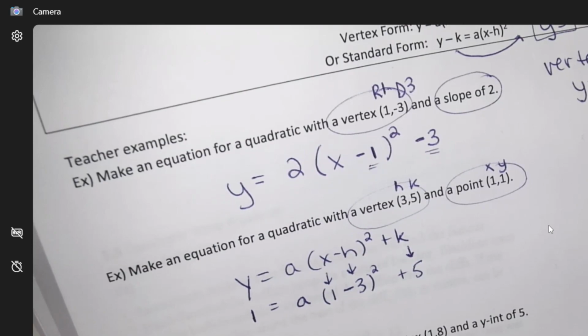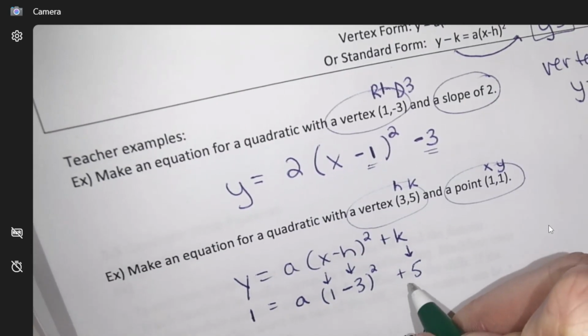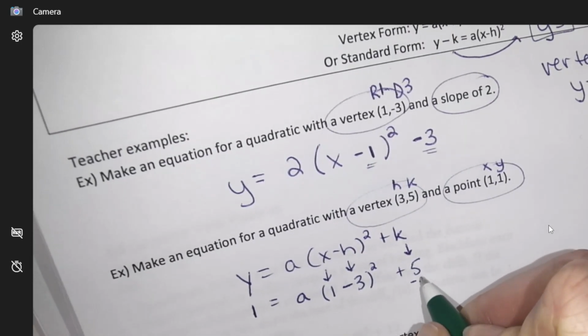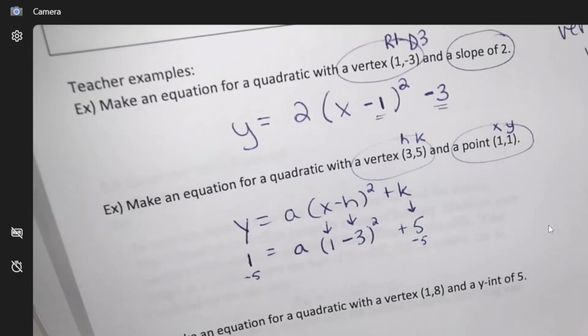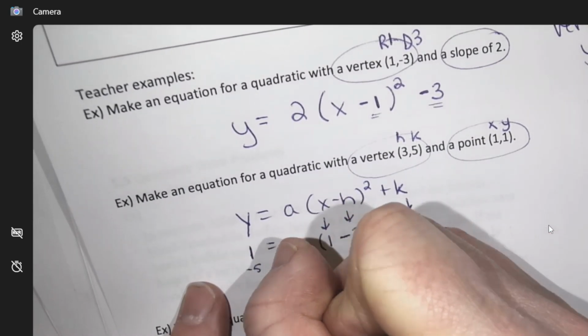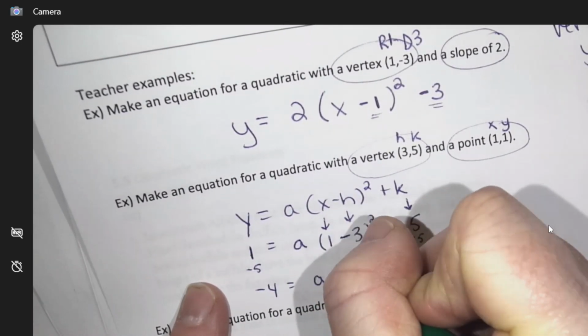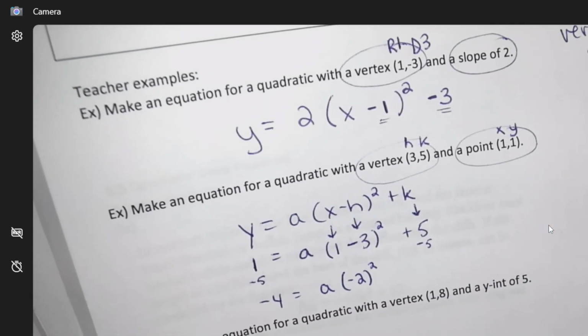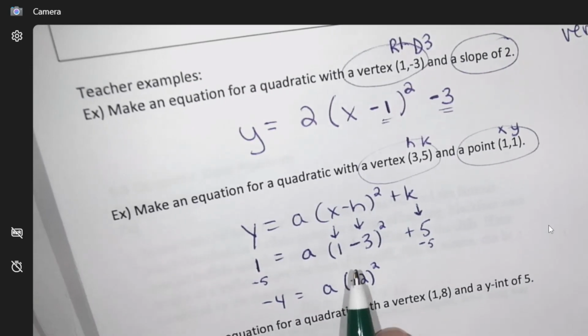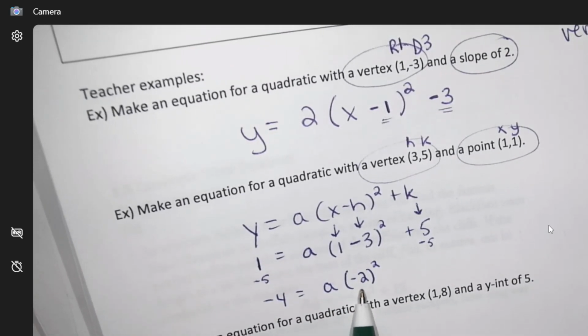Okay, so here we go. I am going to do this. I'm going to subtract 5 because that's what algebra says to do to isolate something. So I'm going to subtract 5, negative 4. And then I did this 1 subtract 3, which is negative 2.